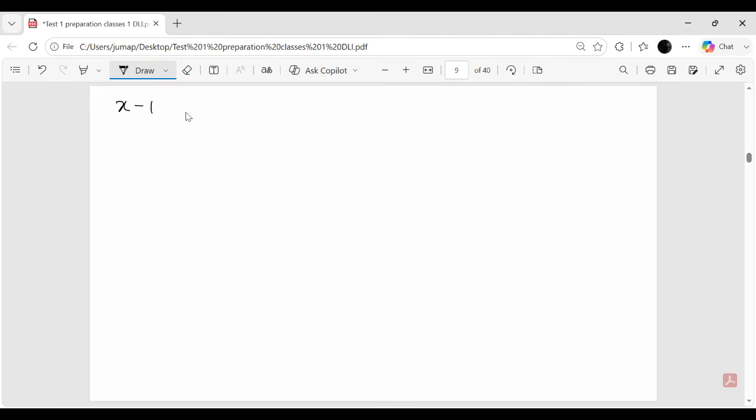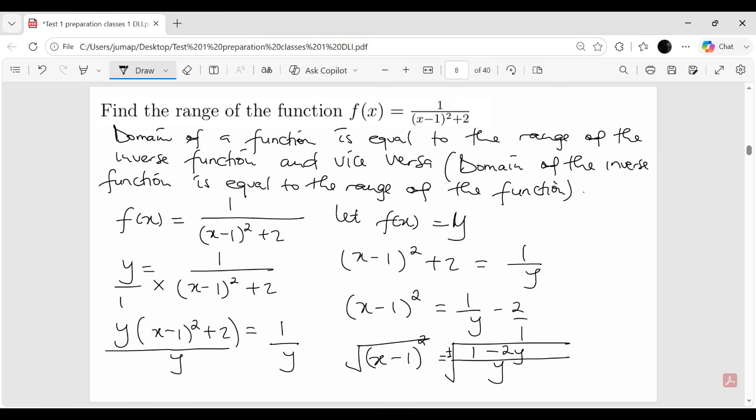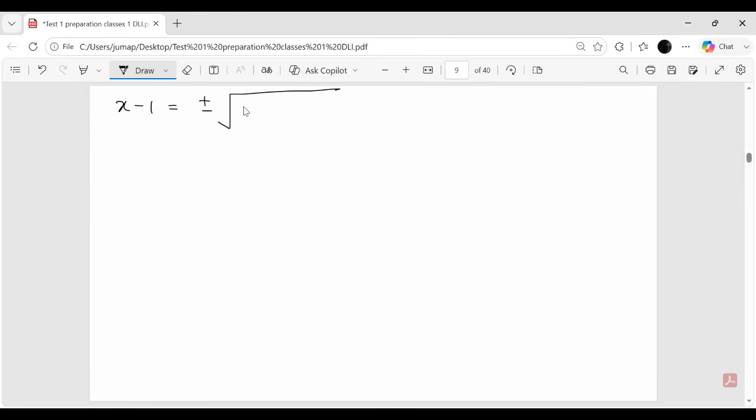So it's going to be x minus 1 is equal to plus or minus the square root of (1 minus 2y) over y. That is it. So meaning that x is equal to 1 plus or minus the square root of (1 minus 2y) over y.